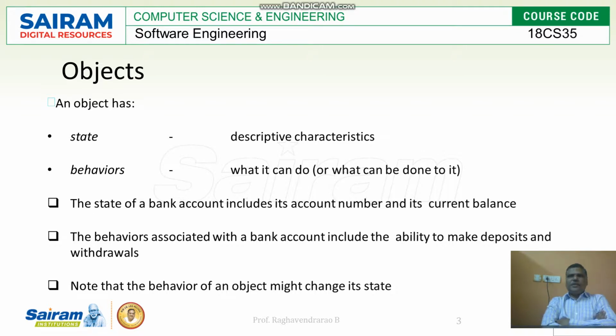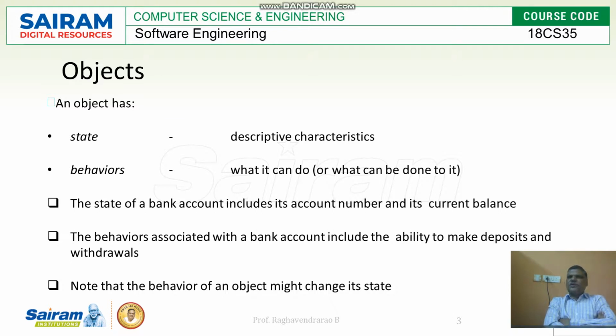The state is the bank account, and the behavior is the balance, withdrawals, and deposits of that particular account. What we associate with the bank account includes the ability to make deposits and withdrawals. State is only the bank account.